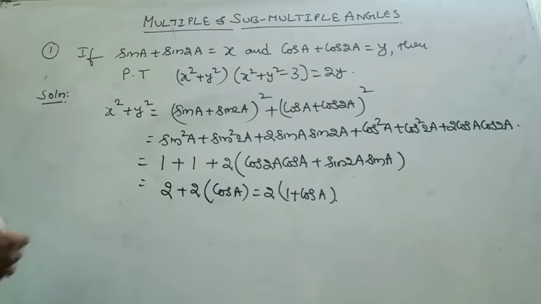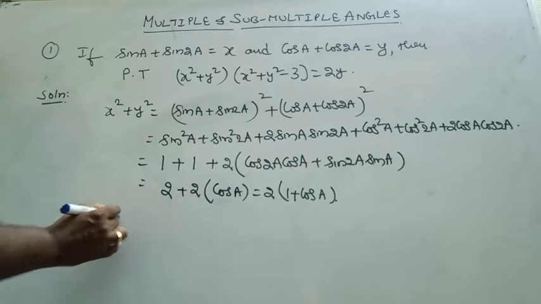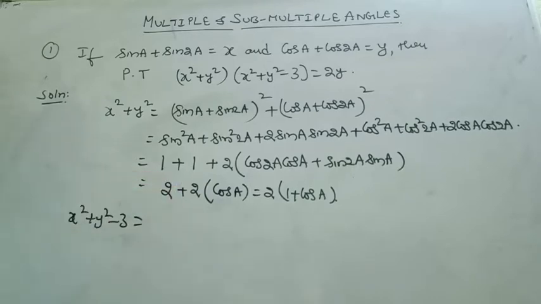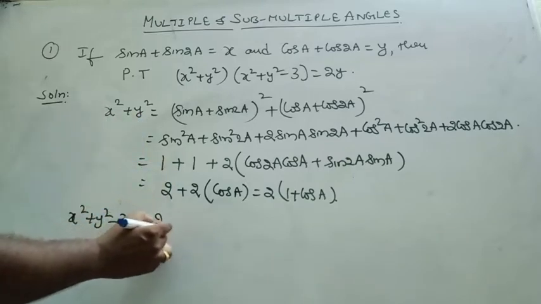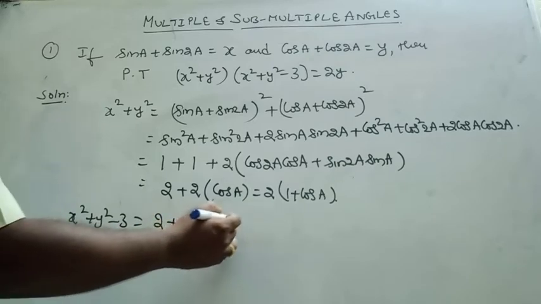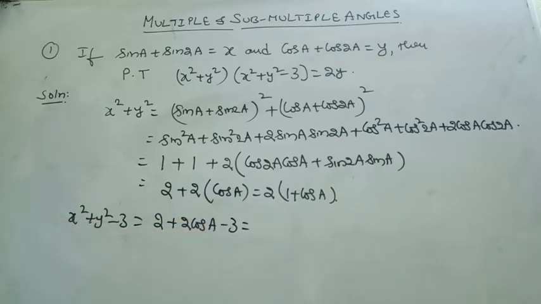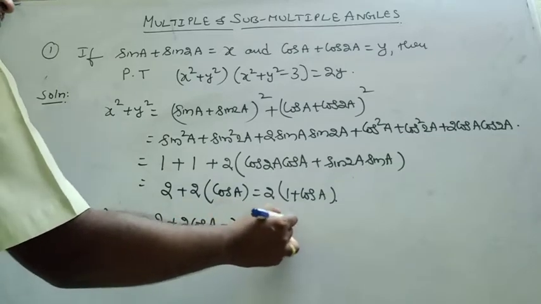Now let us take another one, x square plus y square minus 3. We got x square plus y square as 2 plus 2 cos A, so minus 3 gives 2 cos A minus 1.